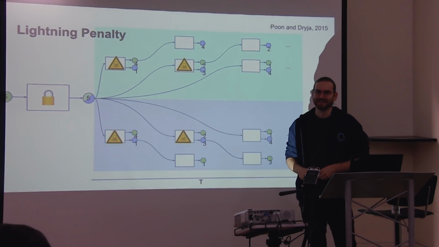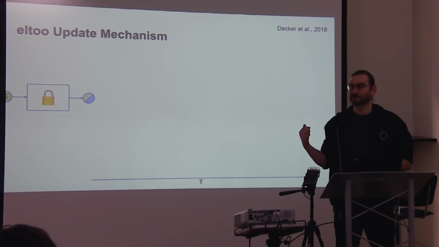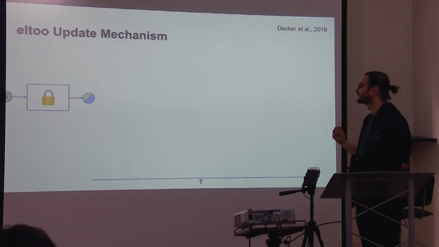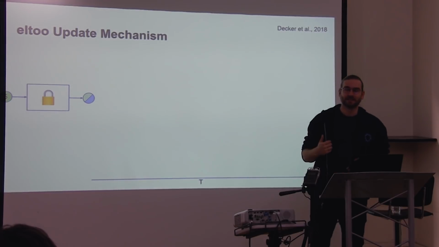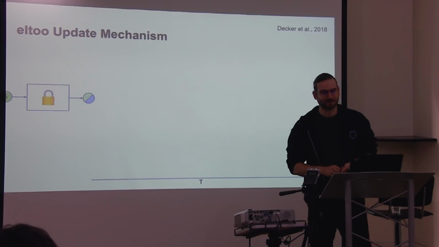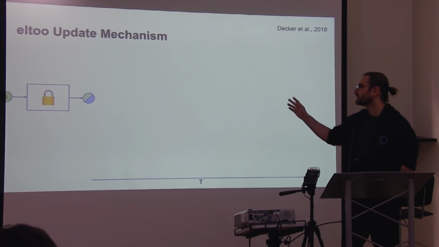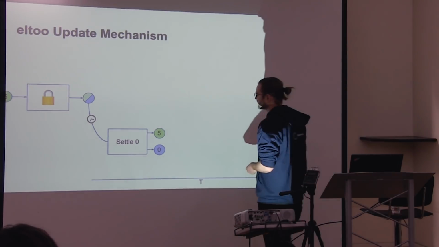Okay. And let's go on to L2. L2 is a proposal that we created or published earlier this year, and I like to think it's easier than Lightning, but we'll see about that. So we have the usual setup, and then we have a settlement transaction.